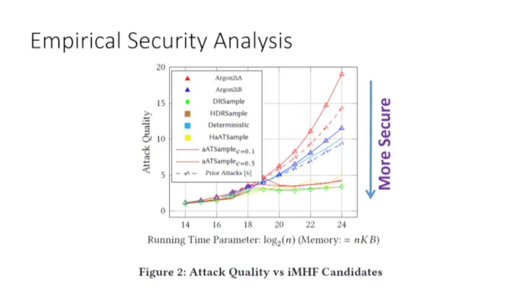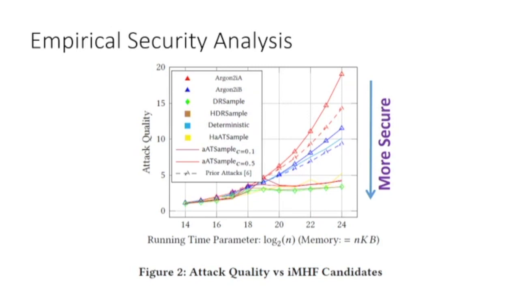On the other hand, you can conduct an empirical security analysis. So empirical security analysis, I mean, just take the best known attacks on data-independent memory hard functions and actually run them. So for a concrete memory hardness parameter, so here, when n is 2^20, that corresponds to about a gigabyte of memory.